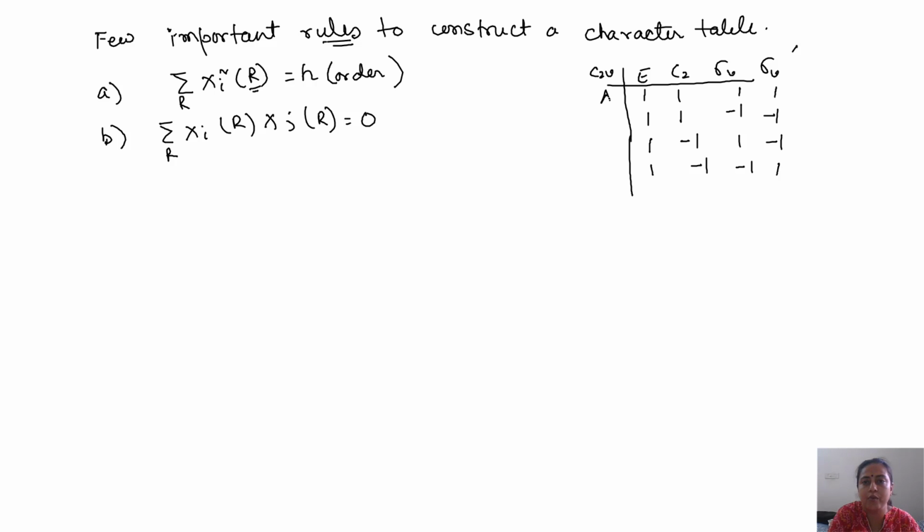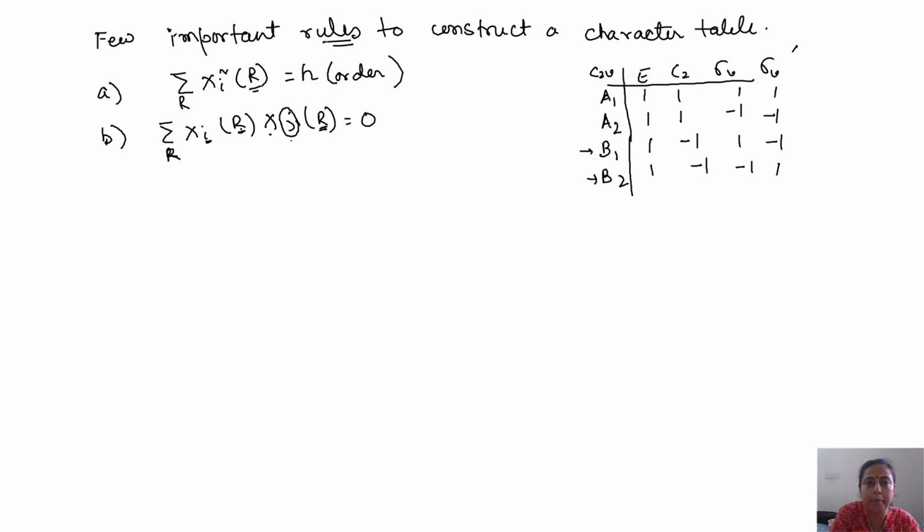Here it says that the character of a particular symmetry operation of the ith irreducible representation, multiplied by the character of the same symmetry operation of any other irreducible representation, and then summed up for all possible symmetry operations, will give you 0. Let us take the example of B1 and B2.